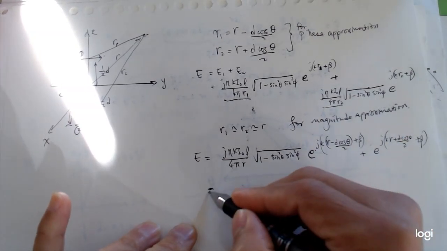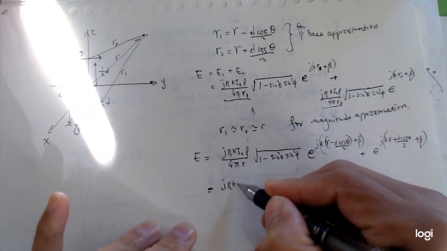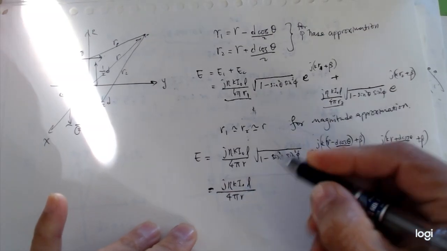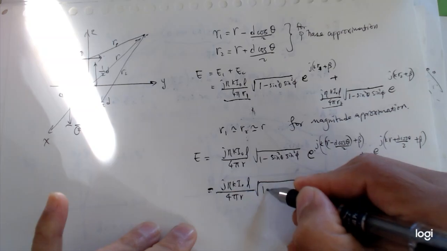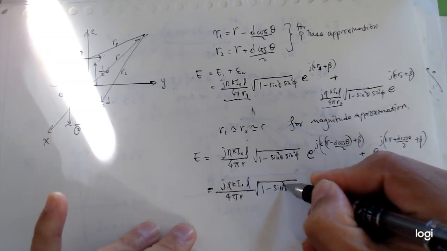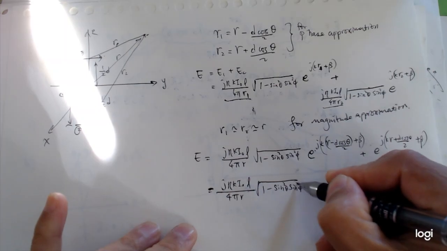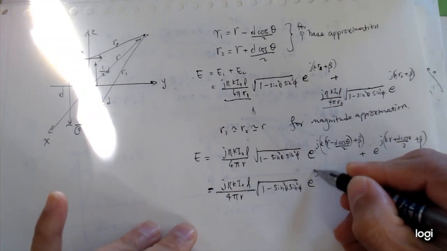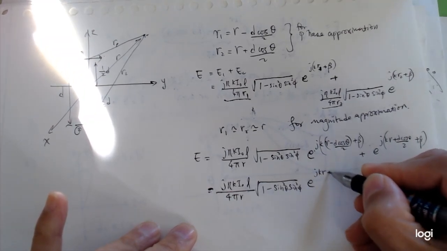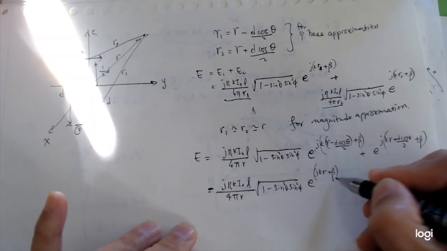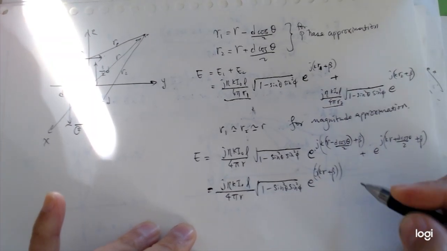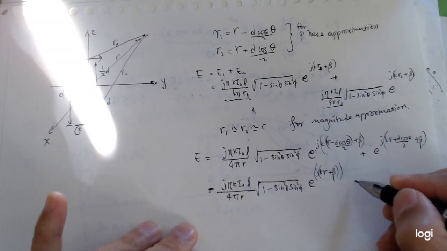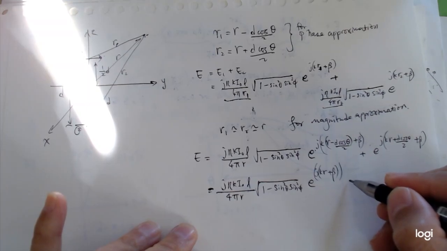So if we further simplify this expression, we will get e to the power of JKR plus theta. So this is the term, and then it depends.